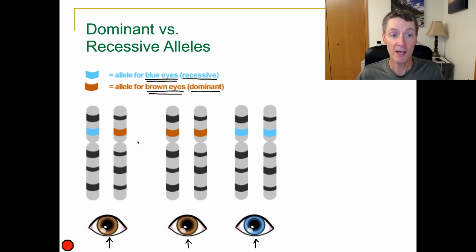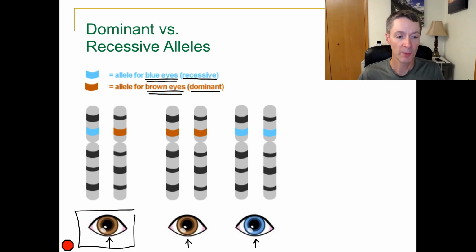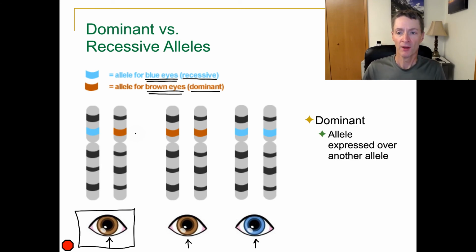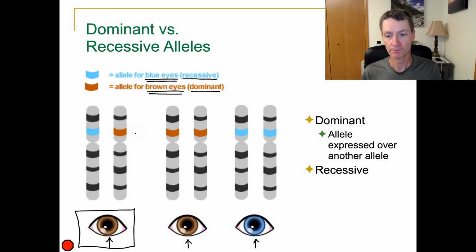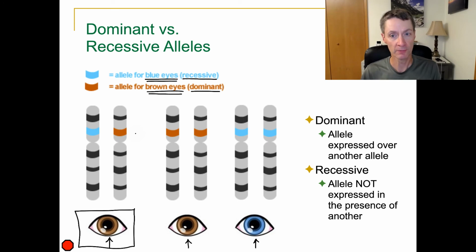Now, what we'd say for this person over here on the left that happens to have brown eyes, is that they are a carrier, in fact. All right? They have a dominant allele that's expressed over another, brown eyes in this case. They have a recessive allele, which is not expressed in the presence of the other. No blue pigment at all.